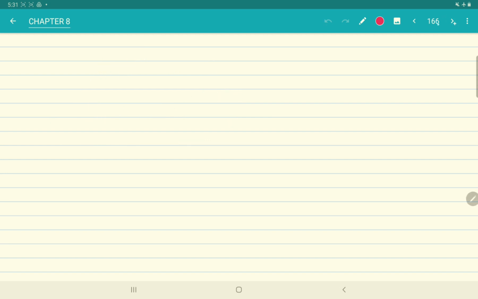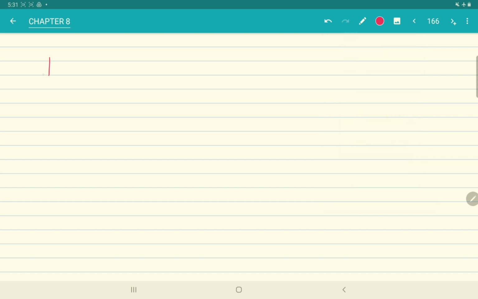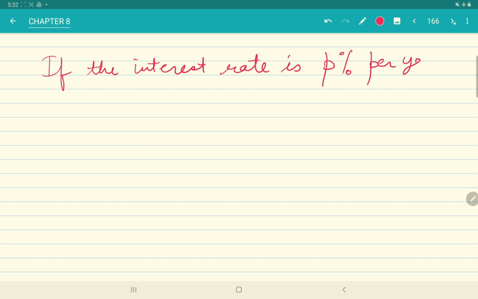So that leads us to this conclusion: let's say the interest rate is P% per year, and R is equal to P by 100.